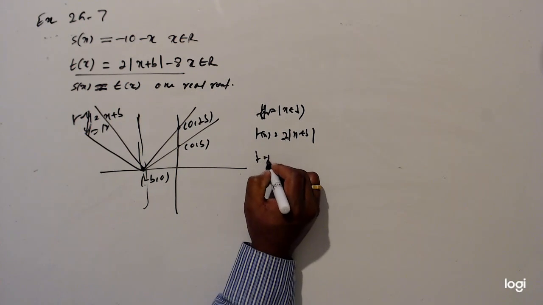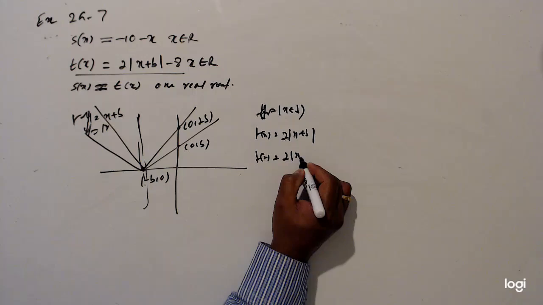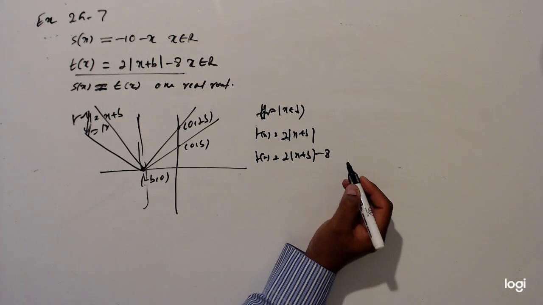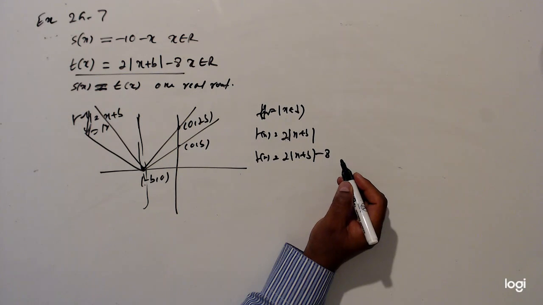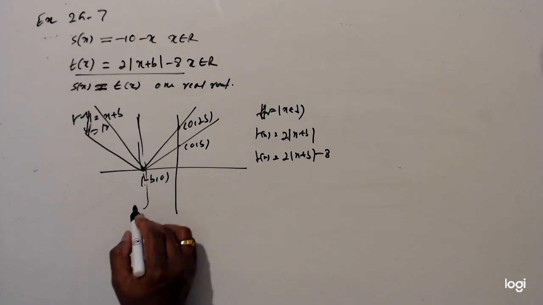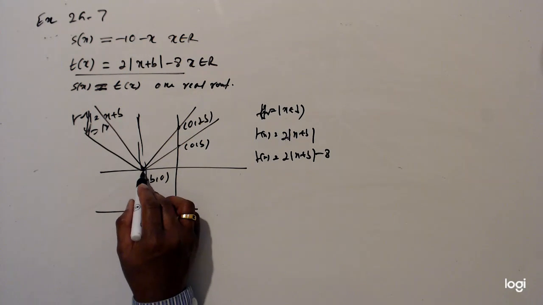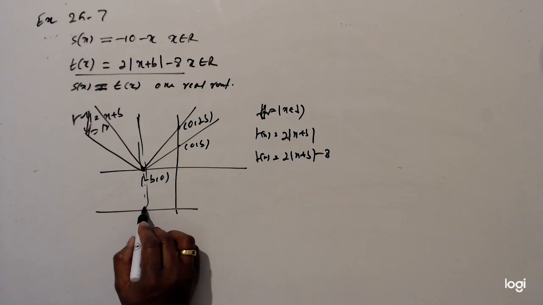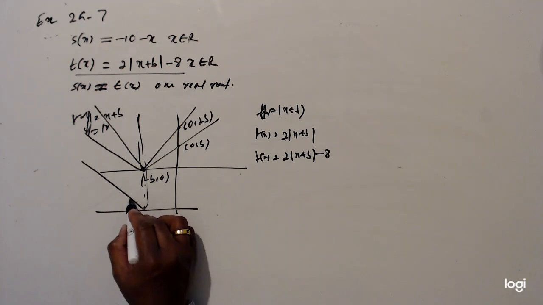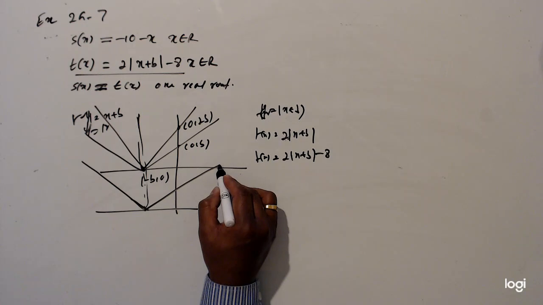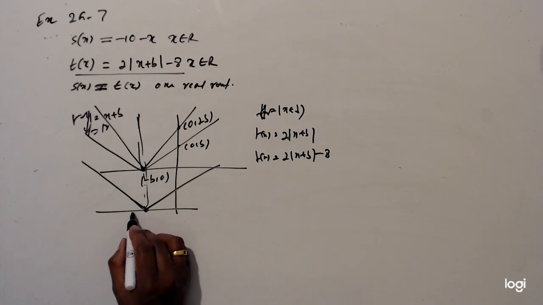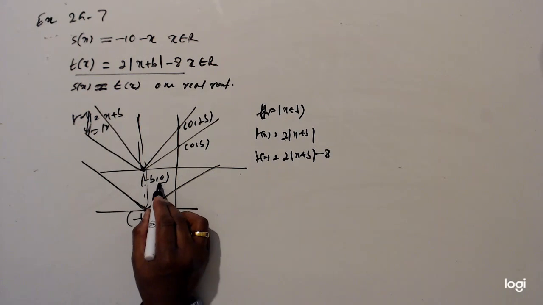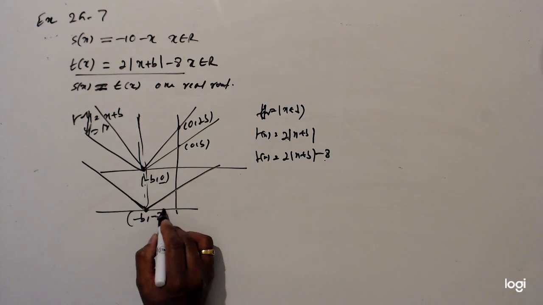Then tx, 2 mod x plus b, minus 8. So we have to bring this graph 8 units down, something like this. So this is going to be (minus b, minus 8).